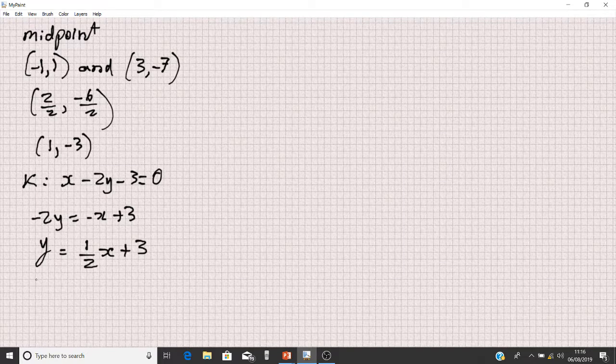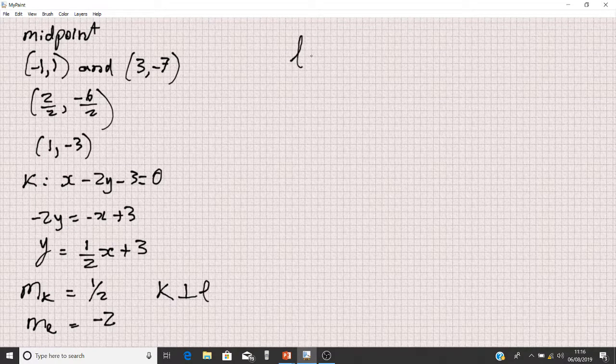So that's the equation of K rearranged. So we can say the slope of K must be +1/2. And we're told K is perpendicular to L, so we know then the slope of L must be -2.